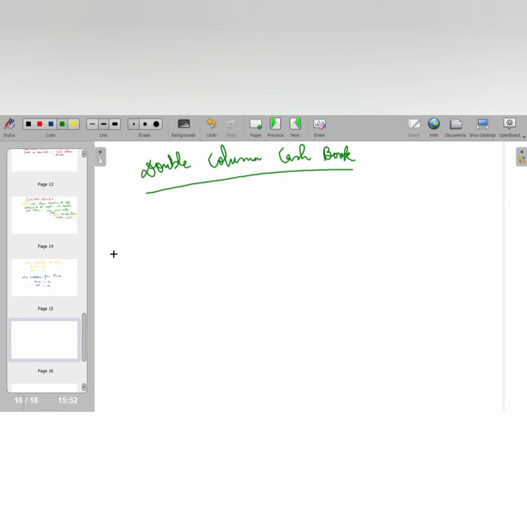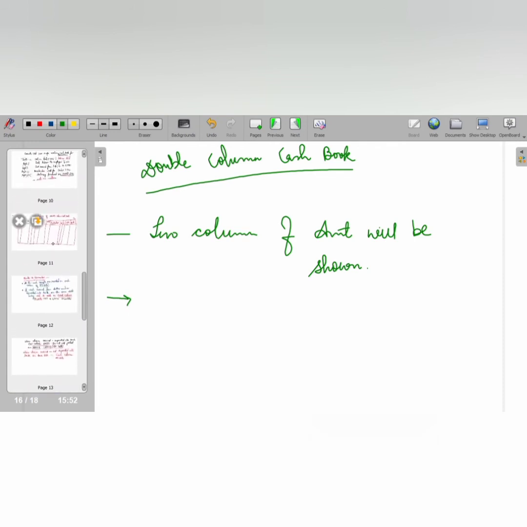Here two columns of amount will be shown. We will understand this point with the help of the proforma. The nature will be the same as it is in single column. Only the difference is two columns of amount. Now we'll understand the proforma of double column.